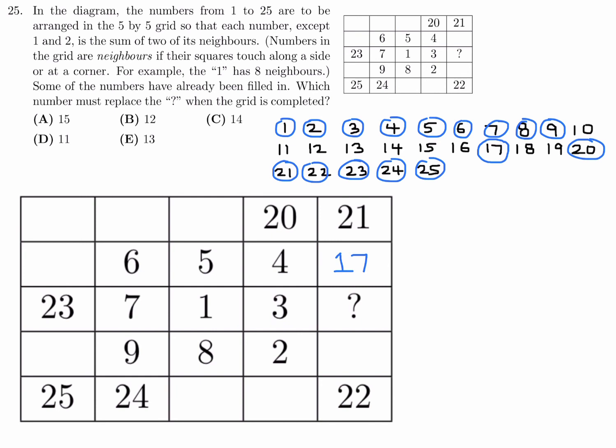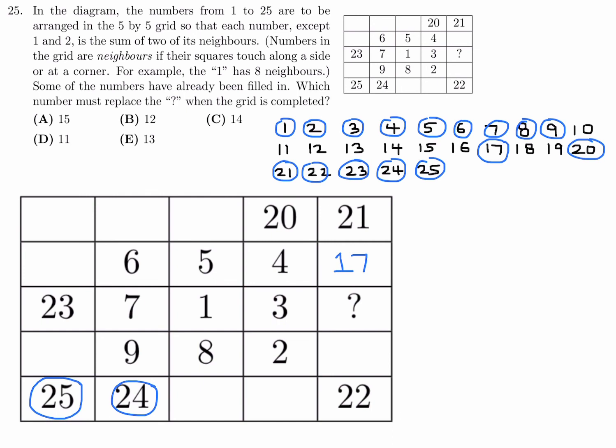All right. Now let's go anywhere else. Is there some guarantee here? I think in this corner right here. 25 has to be made somehow with its neighbors, and it only has three neighbors, this guy and this guy. Well, the first two numbers, 9 and 24, when you add those up, it's 33, so obviously that's not going to work. 24 plus 1 will give you 25, but the 1's already here.